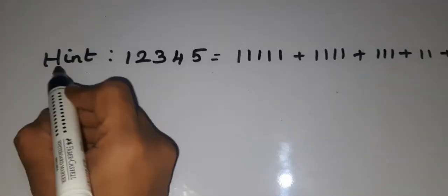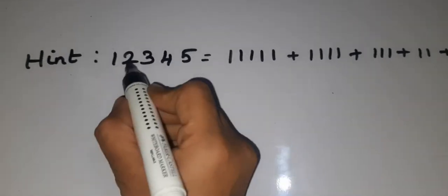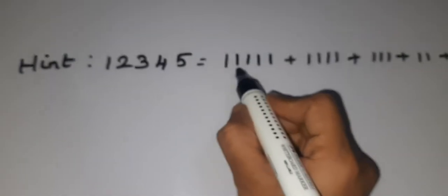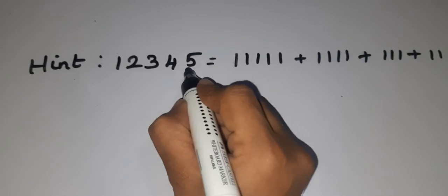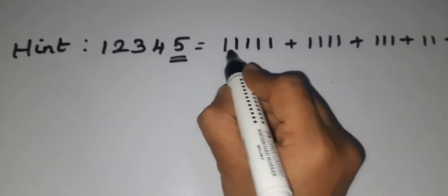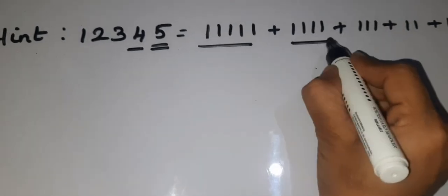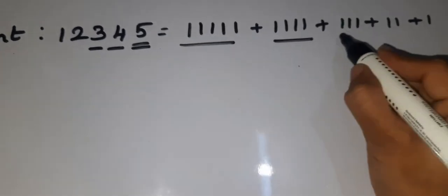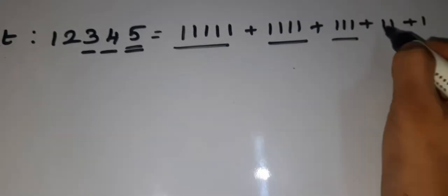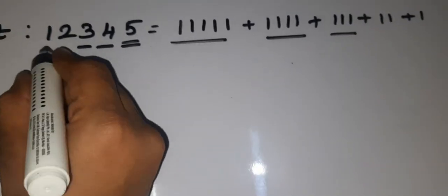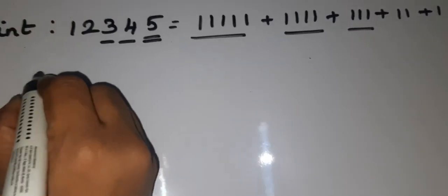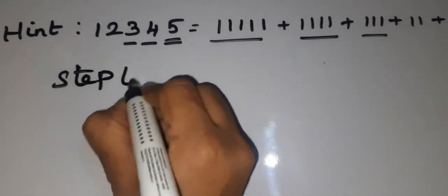In the given question, they have given a hint: 1, 2, 3, 4, 5 is represented with 1, where 5 is represented with 1 five times, 4 is represented with 1 four times, 3 is represented with 1 three times. Now, with this hint, we are going to solve step 6.